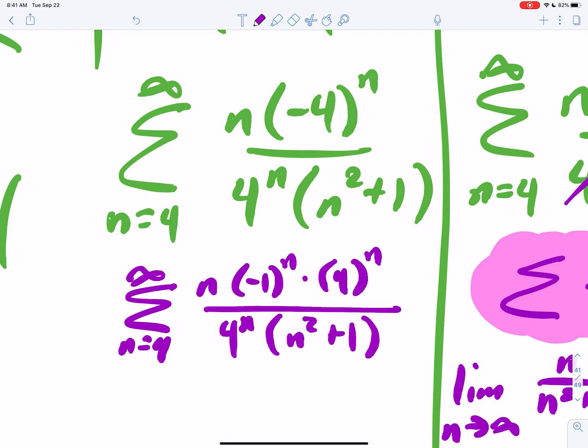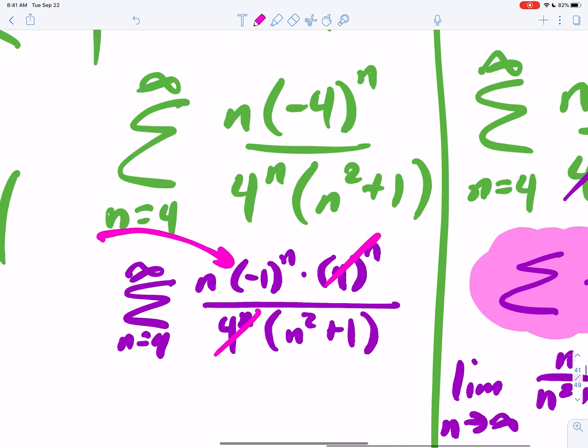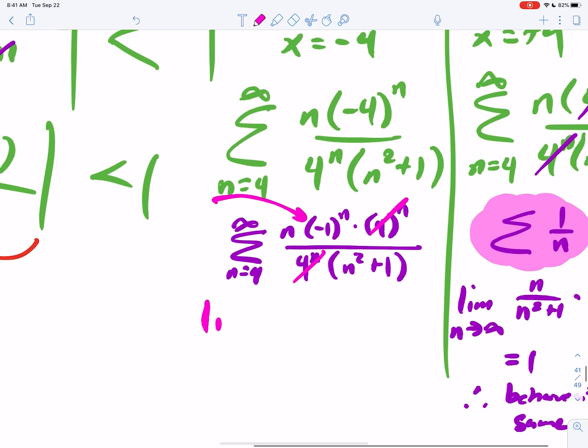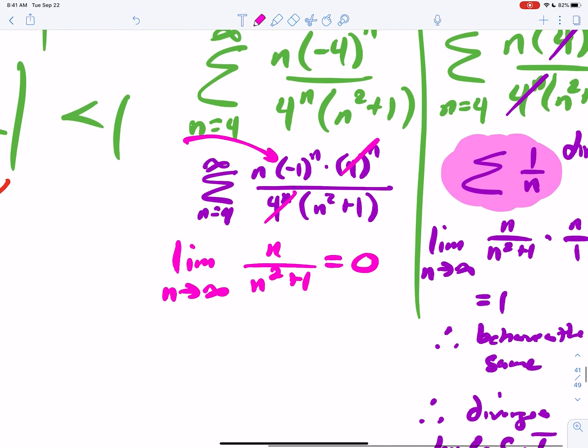This way you can easily see that the 4 to the n's will reduce out. I would definitely try the alternating series test because I have an alternating piece here. So I'm going to take the limit as n goes to infinity of everything except the alternating part. I notice that it comes out to 0, and please correct me if I'm wrong. Therefore, it will converge by the alternating series test.